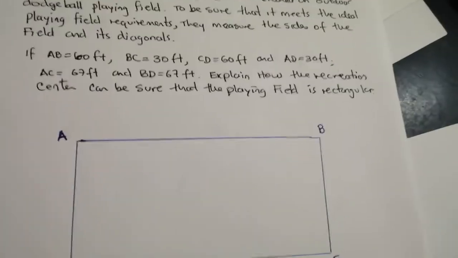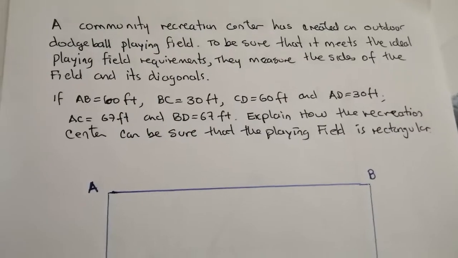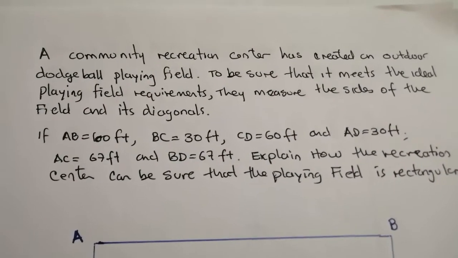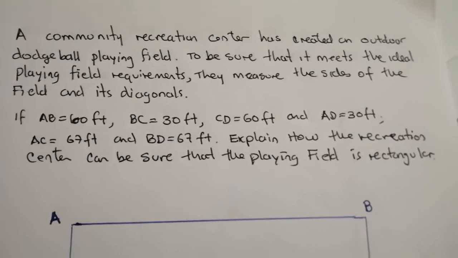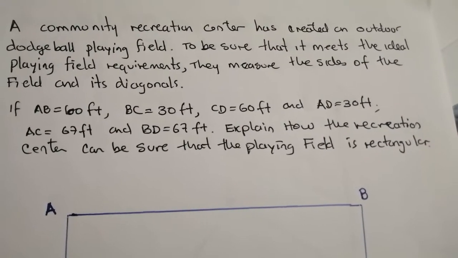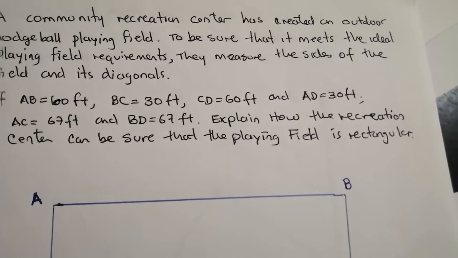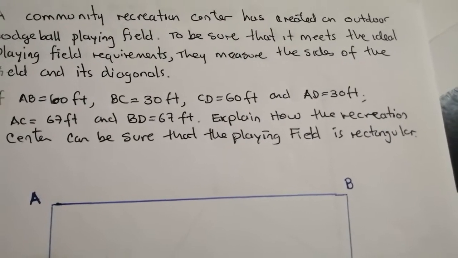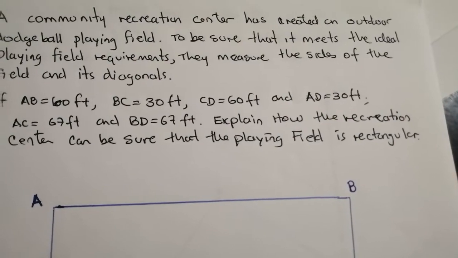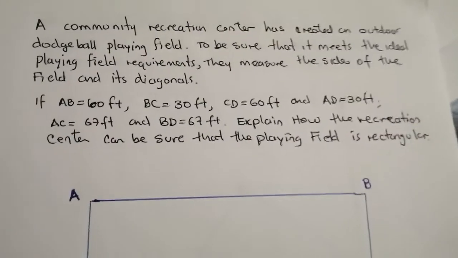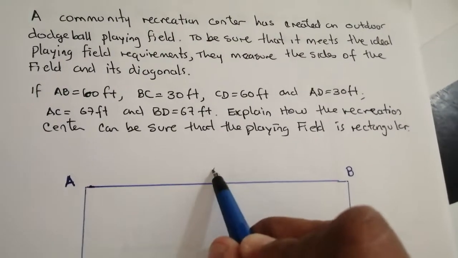Now we have this application, which is a word problem. The problem said a community recreation center has created an outdoor dodgeball playing field. To be sure that it meets the ideal playing field requirements, they measured the sides of the field and its diagonals. If AB is 60 feet, I'm going to be placing the values here.